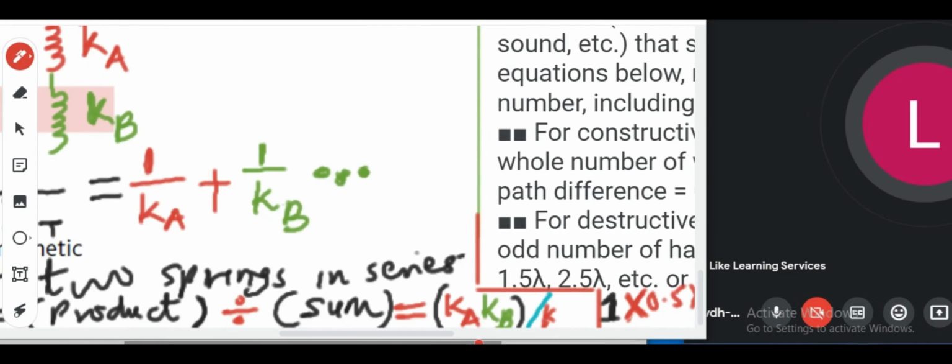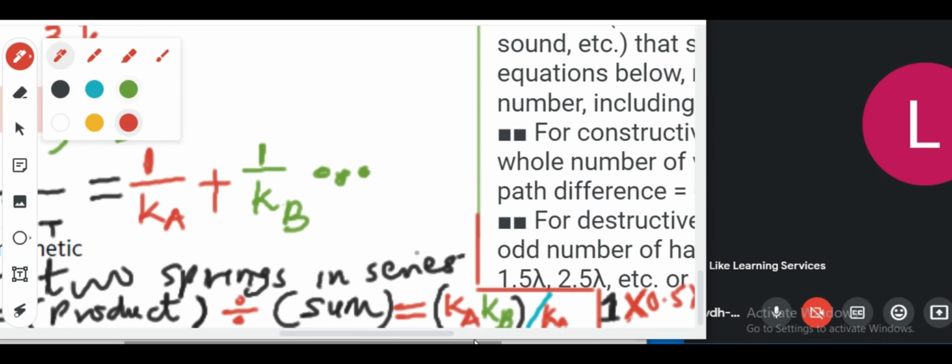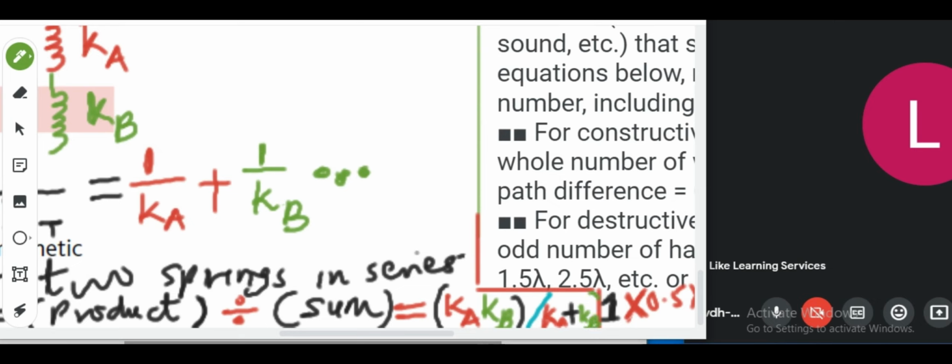As for springs in series, Ka plus Kb, that's product over sum in brackets. Let me write it better so that this will come out clearer.